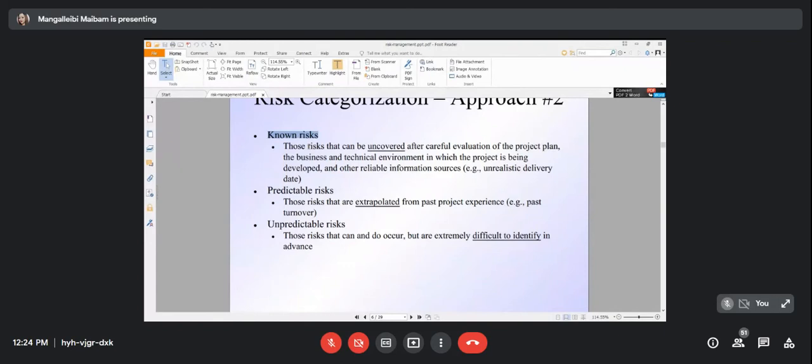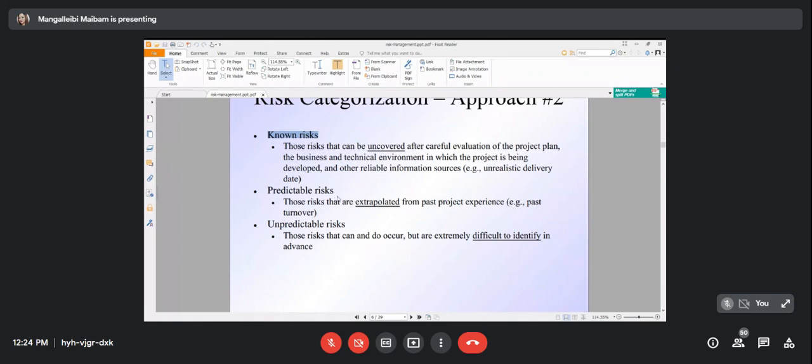So this kind of risk can be easily uncovered from our project plan, and we can fix the problem. Okay, so that is known risk, which is already known to us. This may be according to the technical environment, or the business plan or the project plan.